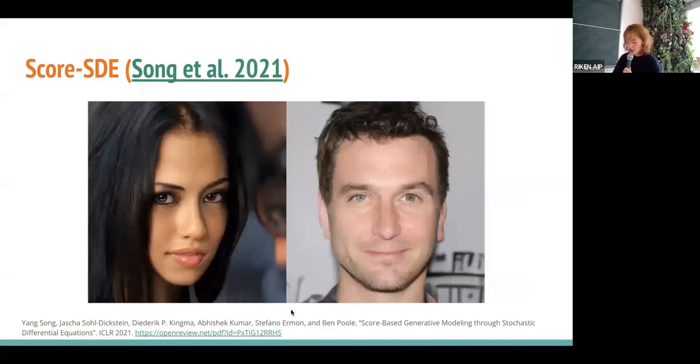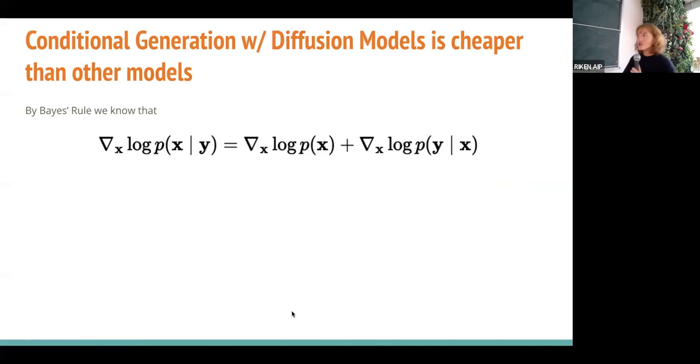How nice. One of the nicest things about formulating it with the score function is that you can directly use Bayes' theorem with it to do conditional generation. For example, say you want to do class-conditional generation: given a class label, you want to generate an image that belongs to that class.